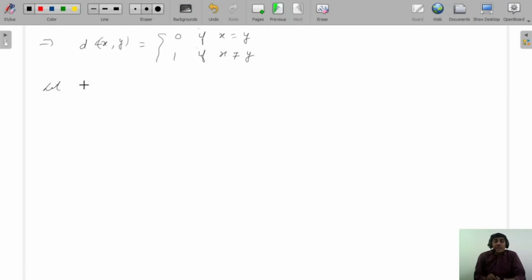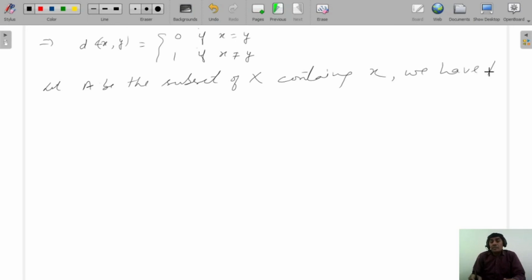Let capital A be the subset of capital X containing small x. We have to prove that capital A is a neighborhood of small x.